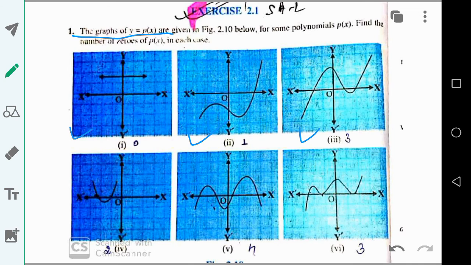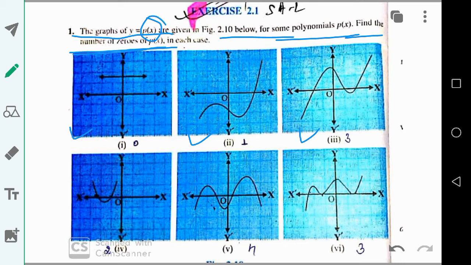We need to find the number of zeros of those polynomials whose graphs are given. So how to determine that? It is a polynomial in x, p(x), so we have to check at how many points it is intersecting the x-axis.